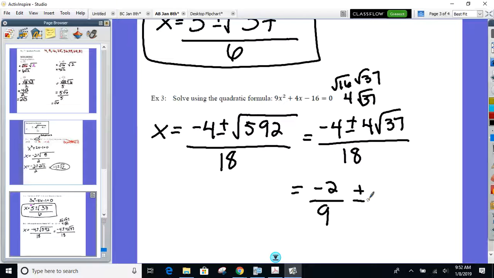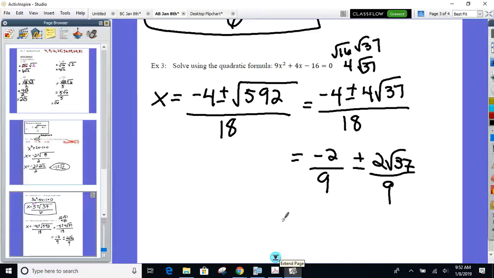Let's go to the other side. 4 over 18, also going to reduce down to what? 2 over 9, but now I have the radical 37 on this part. Now, I will fully 100% accept this. If you notice they both have the same denominator and you'd rather write it as just one fraction, that's fine too, as long as they have the same denominators. That's okay as well.